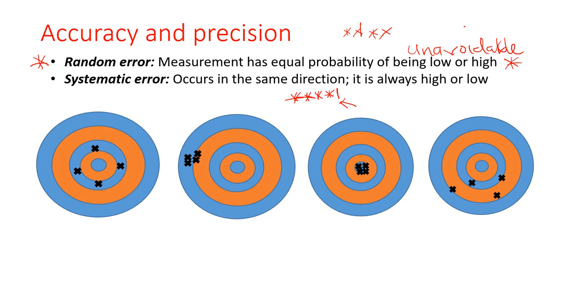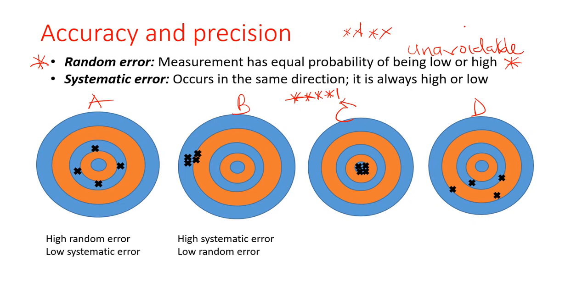If we go back to our dart game, we see that we have a random error on A. So let's say A, B, C, D. So we have a random error on A, but we really don't have that systematic error because the errors are on both sides, higher and low.